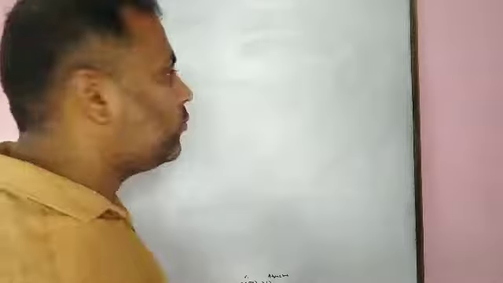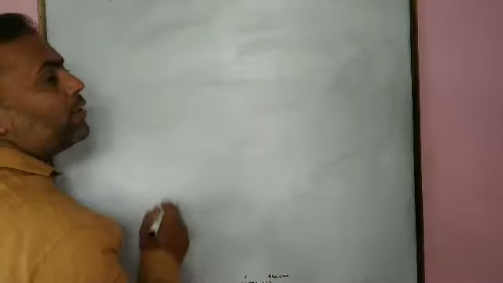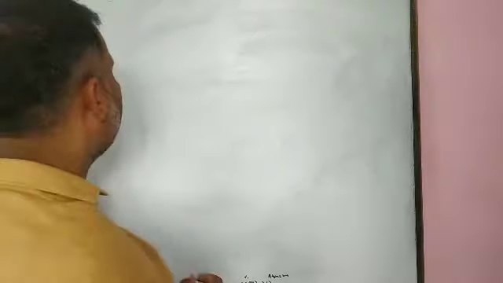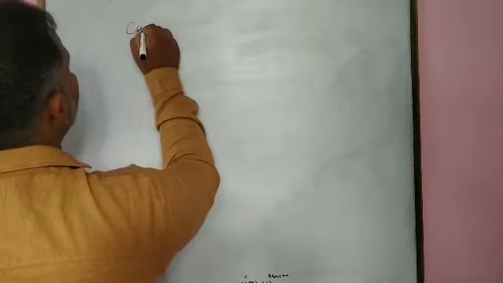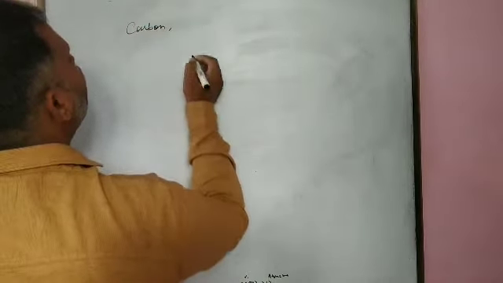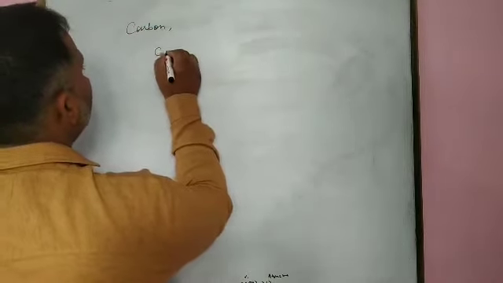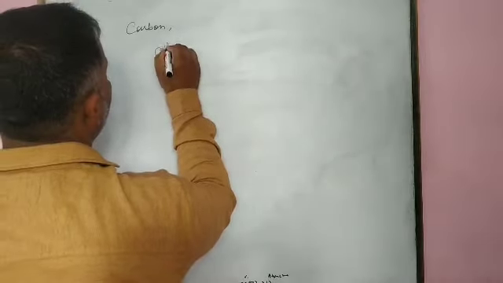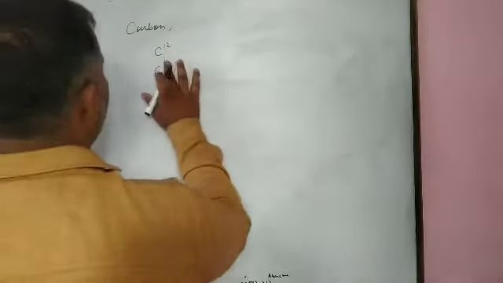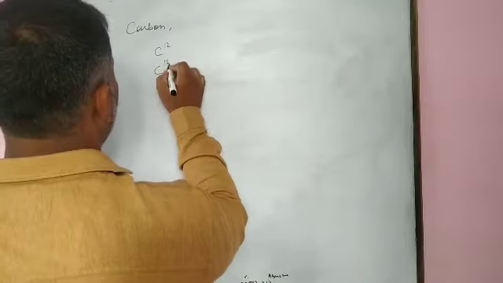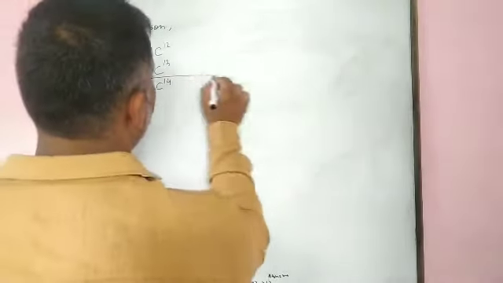So next we will take another example. We will take the example from your NCERT book, that in case of carbon, we have three isotopes, that is carbon 12, carbon 13 and carbon 14.